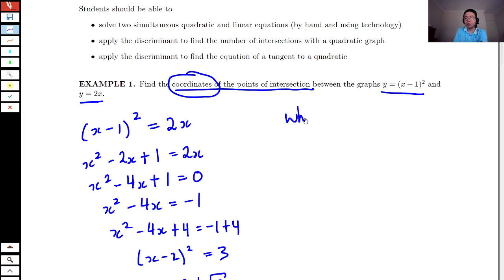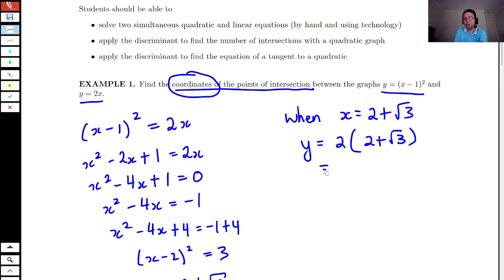And the answer is you want to use the simpler equation. So when x equals 2 plus root 3, y equals 2 times that x value, which is 4 plus root 3. Nope, 4 plus 2 root 3, because you've got to apply the distributive law.